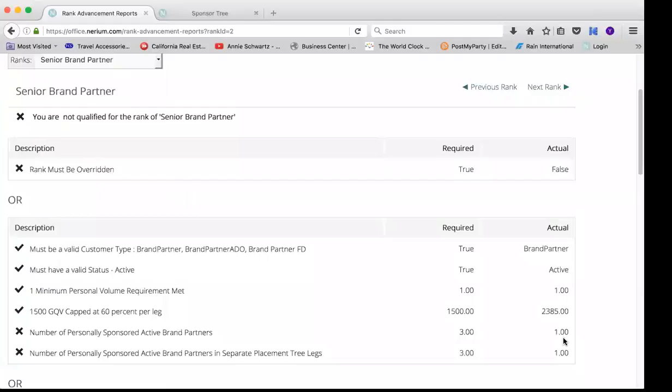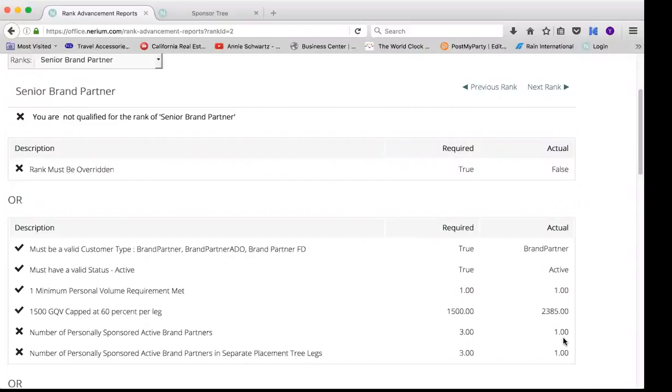In Nerium, for me to be fully active, I need one personally sponsored brand partner in each leg. And all they have to do is be active with an ADO. That's very important for you to understand: your personals do not have to be senior brand partners or whatever. They just need to be active, at least one personally sponsored active brand partner.